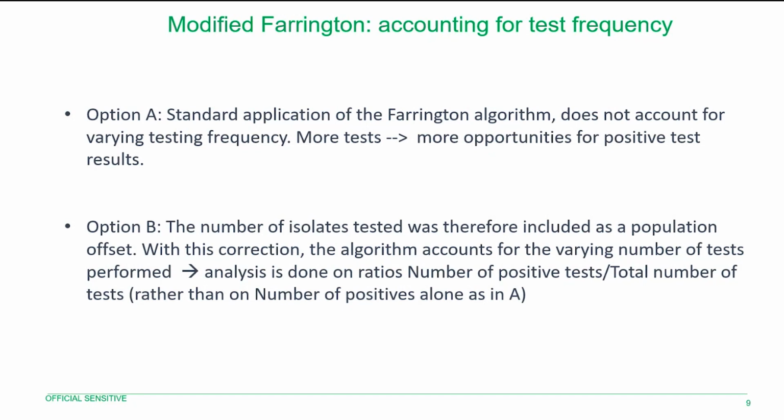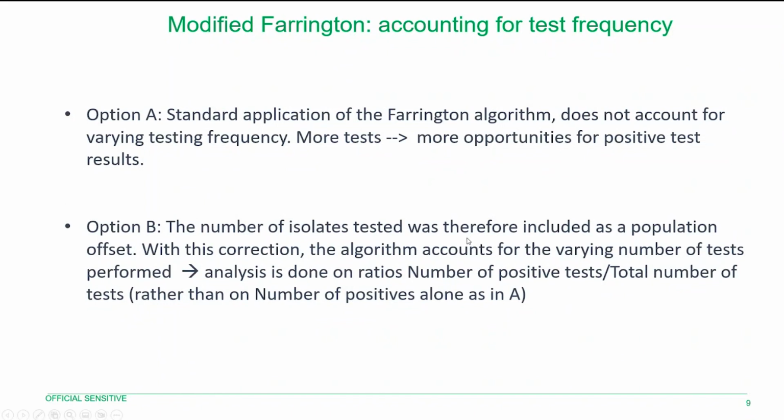In order to partially compensate for this bias, we consider the second type of implementation of the algorithm, in which, as I mentioned already, we apply the Farrington algorithm not to the number of positive tests, but to the rates, so the number of positive tests divided by the total number of tests performed.